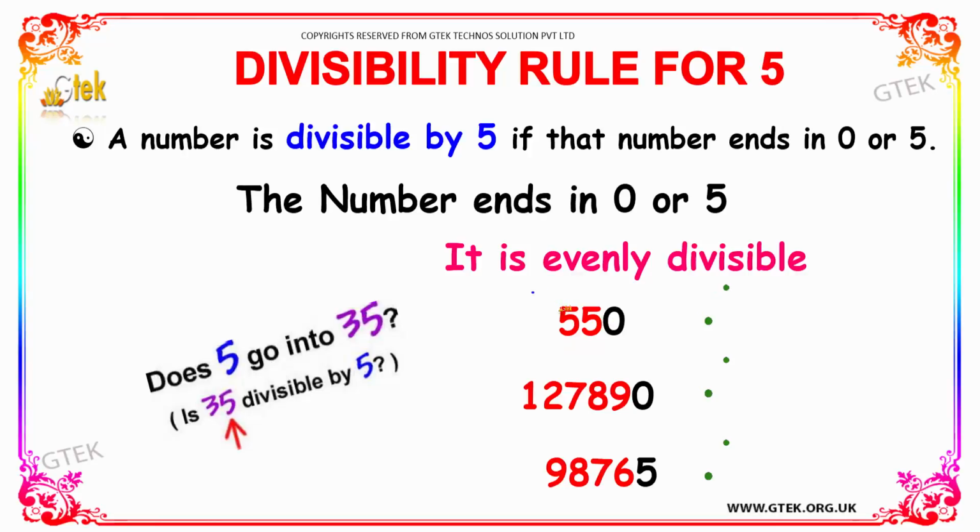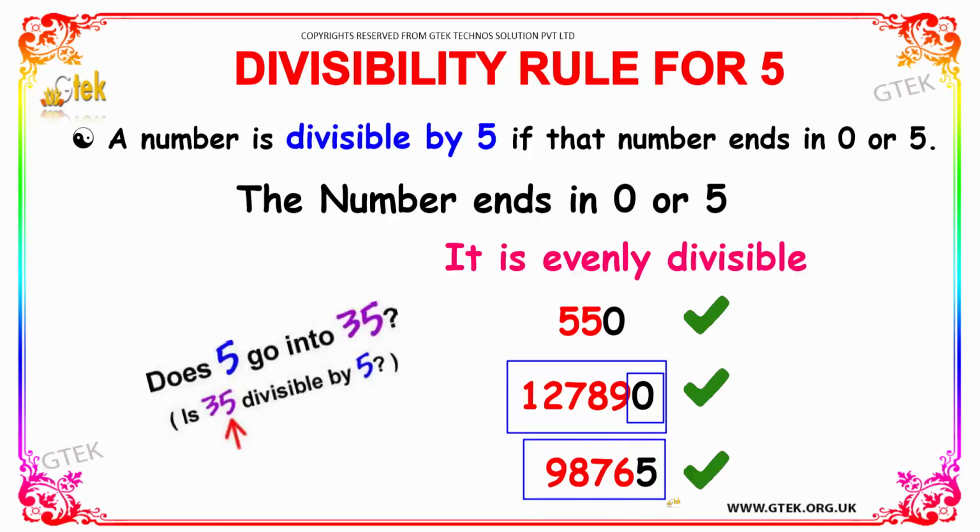Since in this number the last digit is 0, it will be divisible by 5. Yes, your answer is right. Here, if you see, the last digit is 0. Hence this number is divisible by 5.